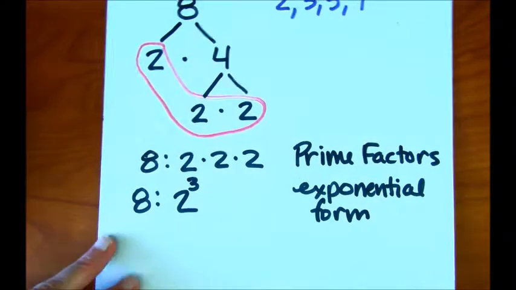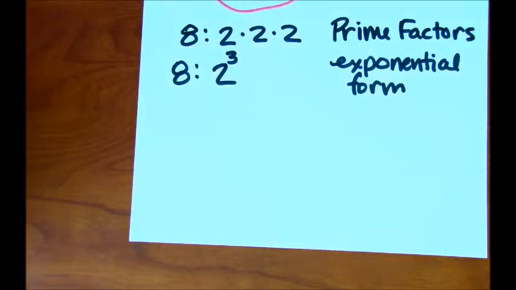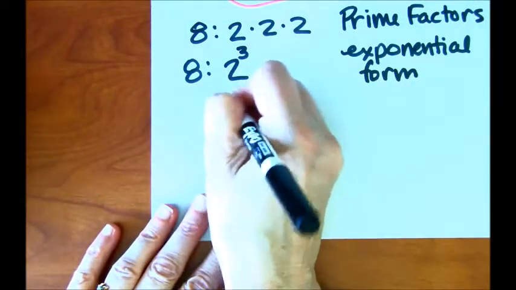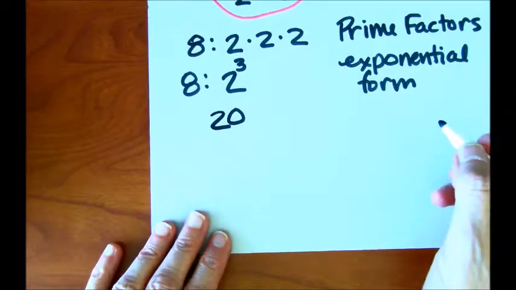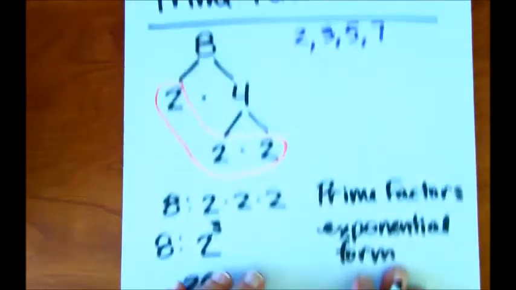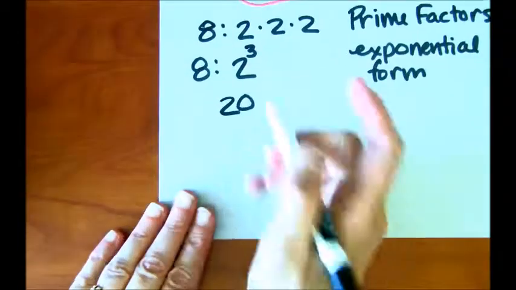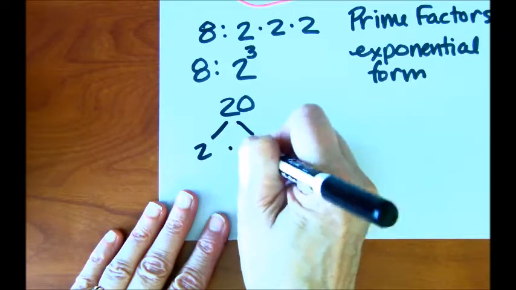Let's go ahead and do a couple more, just so you get the idea of what I'm asking you to do with these factor trees. Let's say we have the number 20, and I want to find the prime factors. Again, I'm going to start with 2. 2 goes into 20 10 times, so 2 times 10.